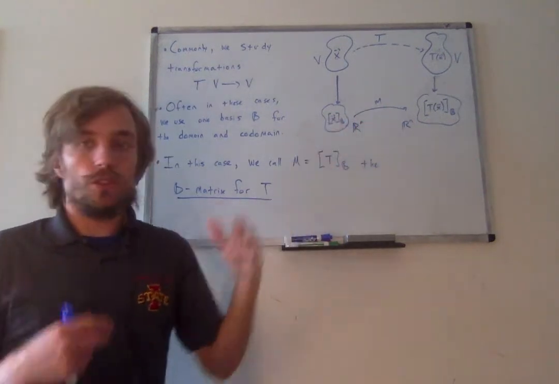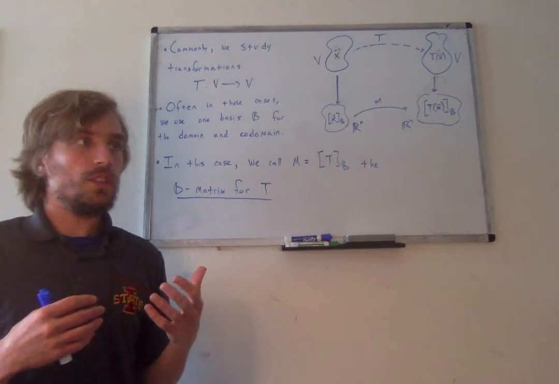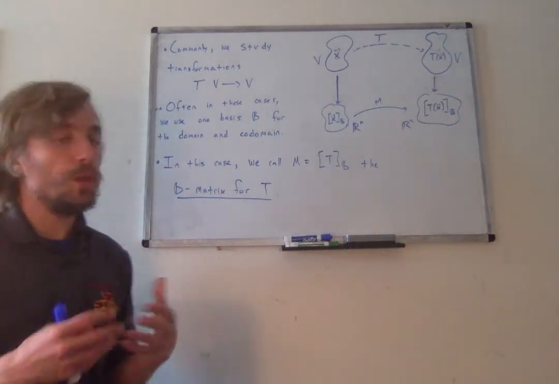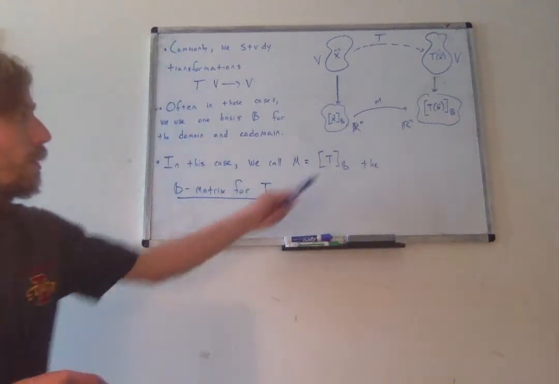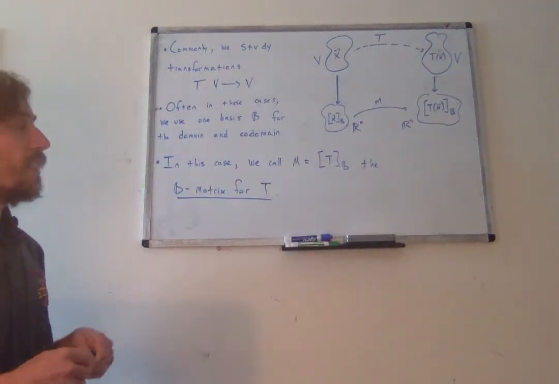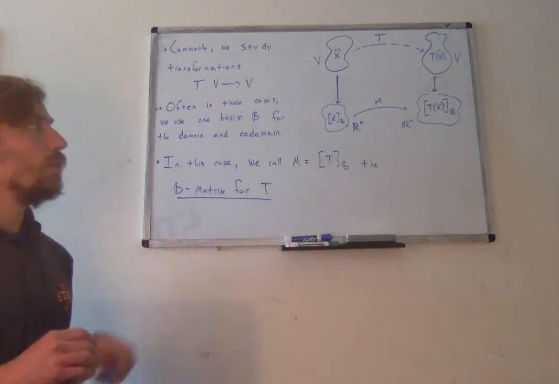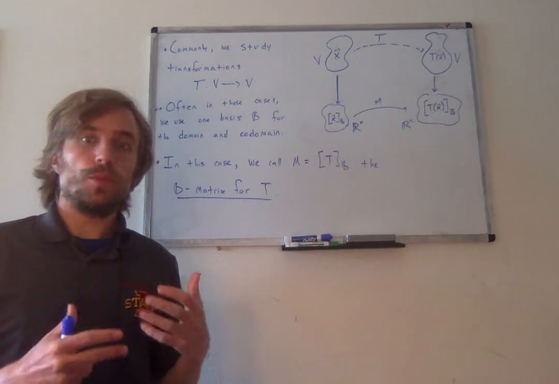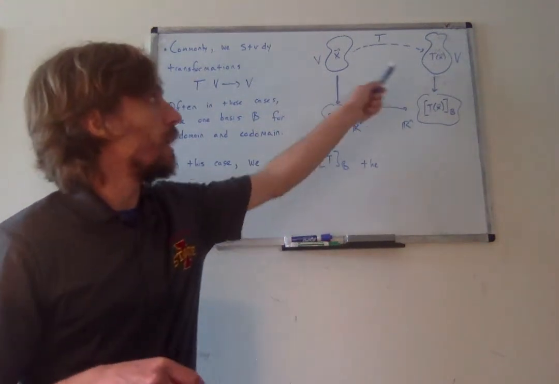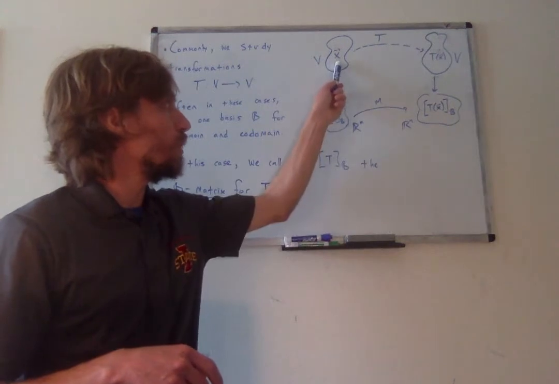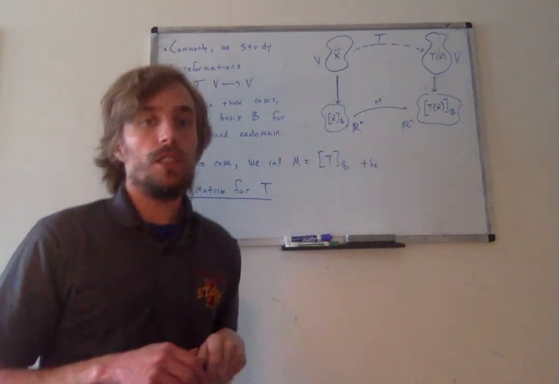This is somewhat of an analog of what a square matrix would do with standard vectors. Often in these cases, as in the picture, we'll use the same basis representation for both the domain and the codomain. So we'll use basis B to represent both the original vectors X and their images T of X.